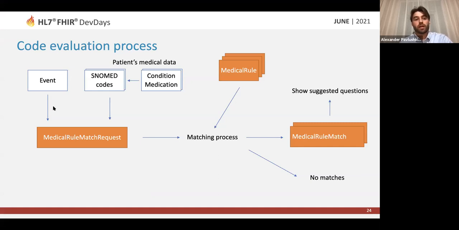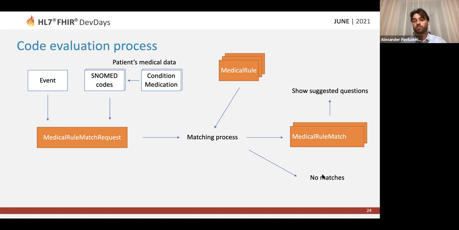We have some event like some kind of questionnaire saved or new rule is added, and we have patient medical history, and we can extract SNOMED codes for it, and event can generate a resource that we use to start matching process, and we iterate through all medical rules to have outcome if this rule is matched.